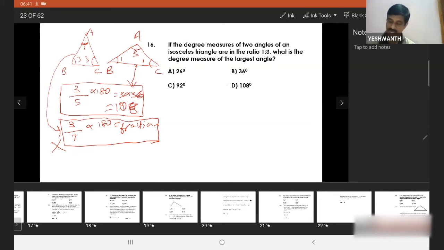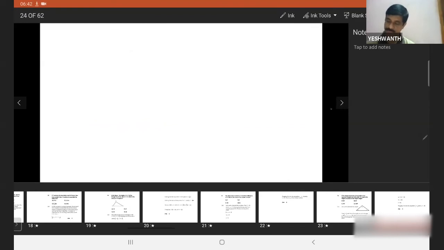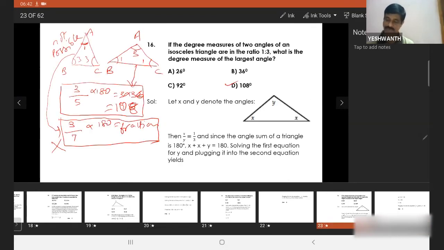So you get 108, option D. Because it is an isosceles triangle, the base angles are the same. So 3 by 7 into 180 is a fraction, and we don't have any fractions here. Therefore only this can be the case, and the other is not possible in this case, children, not in general. Please note it fast, quick.